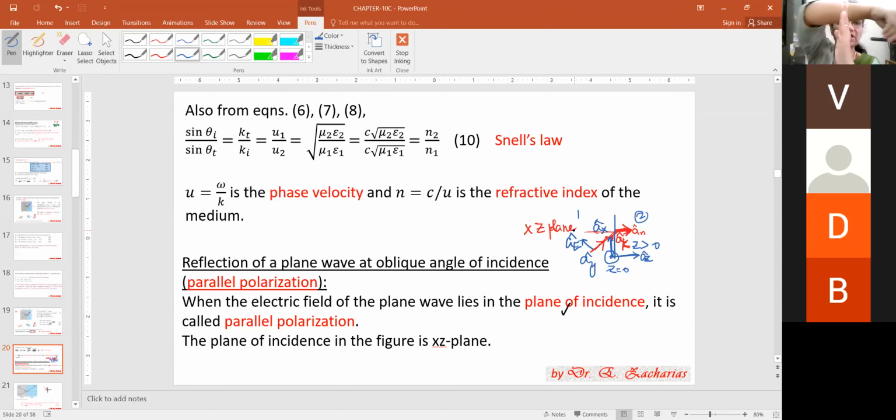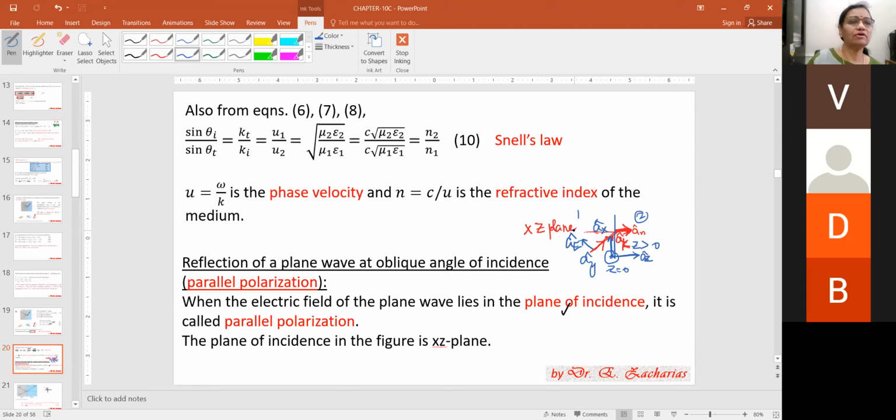Your ray is coming like this. Your normal is this. So the plane containing these two is your plane of incidence. So that is your XZ plane. Entire x equals 0, x greater than 0, x less than 0 is the plane of incidence, ma'am. No, no. Good you asked that question.